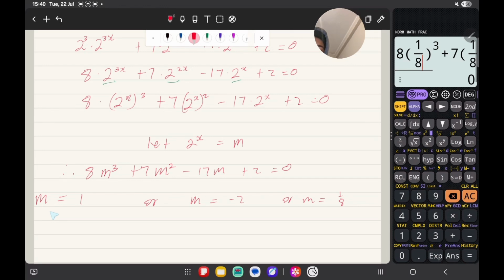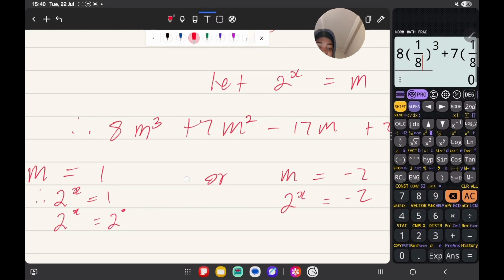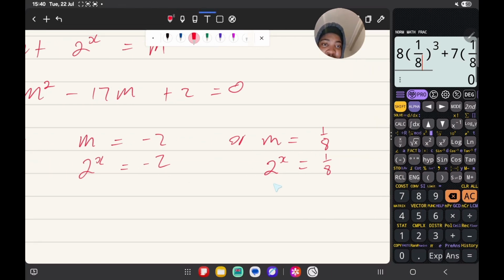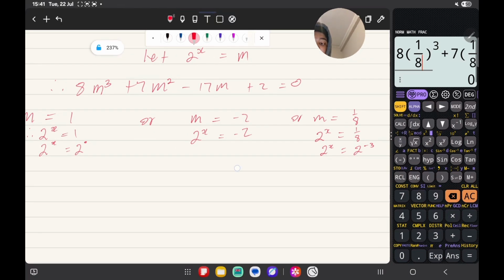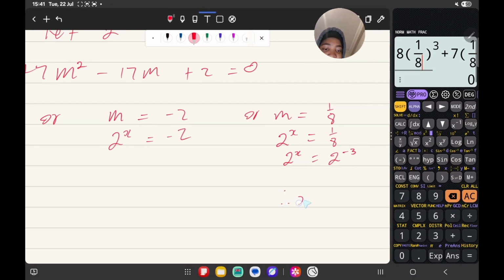So now I can say that therefore 2 to the power of x equals 1, 2 to the power of x equals minus 2, and 2 to the power of x equals 1/8. For the one in the middle, 2 to the power of x equals 1 means x equals 0. For 1/8, which is 2 to the power of minus 3, x equals minus 3.